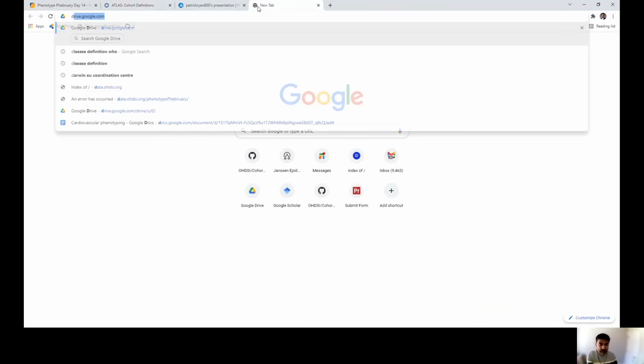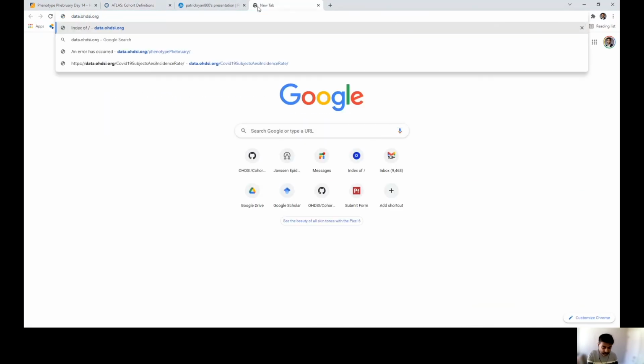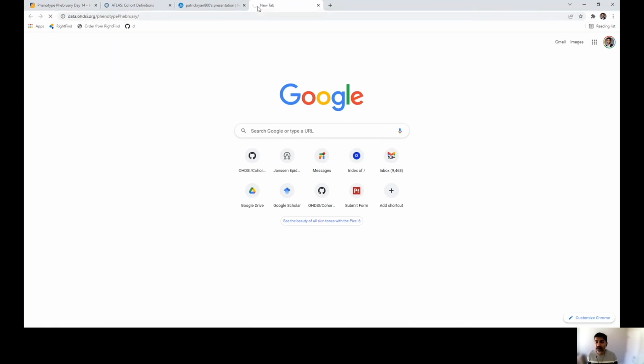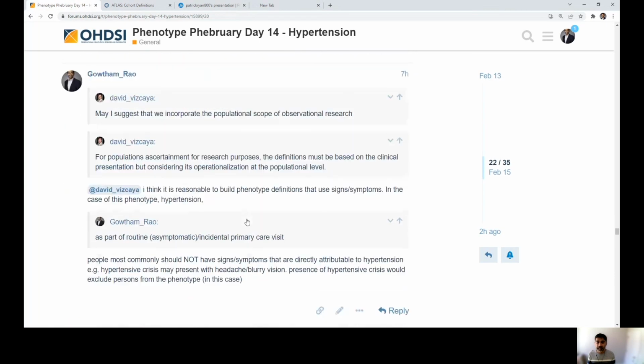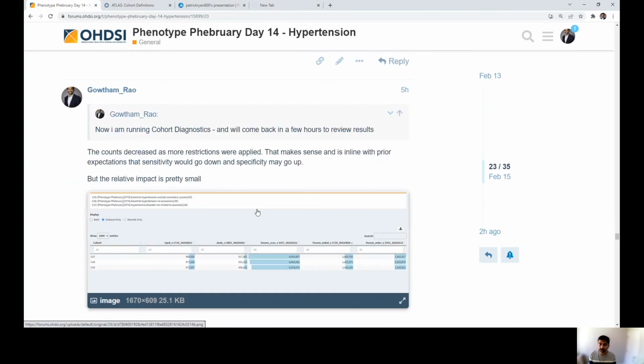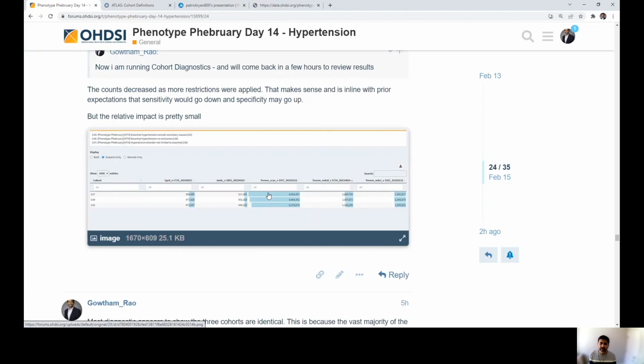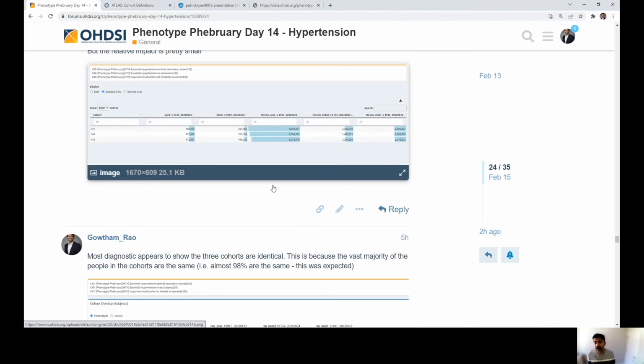I ran that on Cohort Diagnostics, and that is available to you at data.odyssey.org/phenotype February. I reviewed the results of the Cohort Diagnostics, and I made an argument here about how the various cohort definitions perform. What's the sensitivity and specificity trade-off?